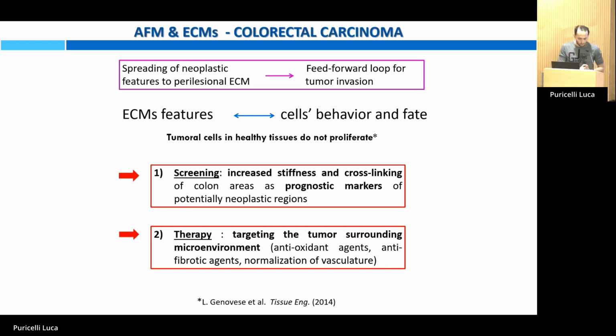So there is a mutual interaction; cancer cells need a proper environment. So targeting the surrounding ECM, like with antioxidant agents, antifibrotic agents, or trying to normalize the vascularity of the region, can help as a therapy tactic, let's say.